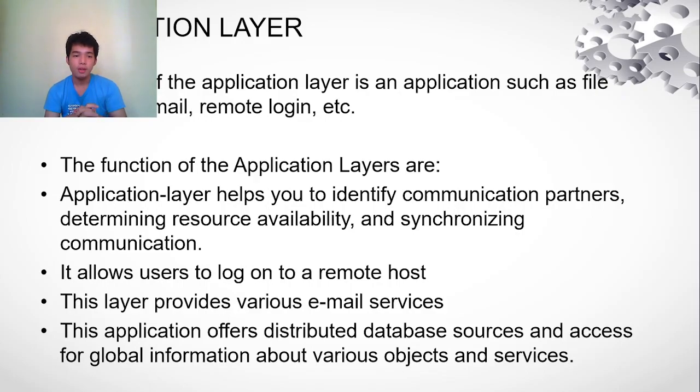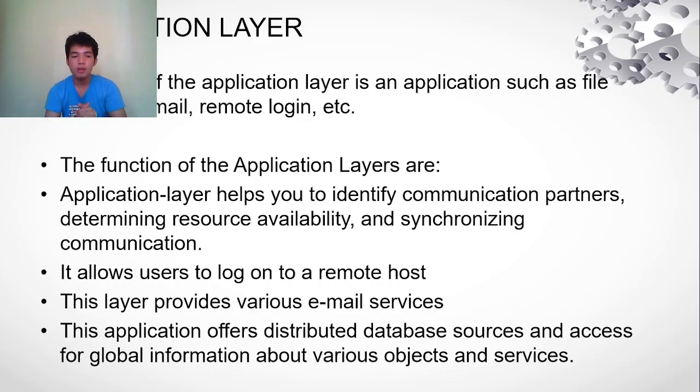So the functions of the application layer are, first, it helps you to identify communication partners, determine resource availability, and synchronize communication. It is important because synchronization here by means of data is efficient and very reliable.